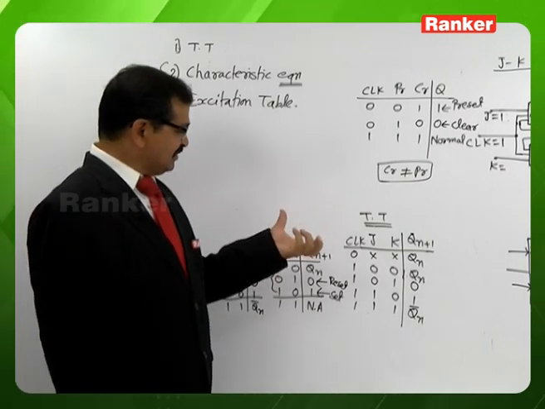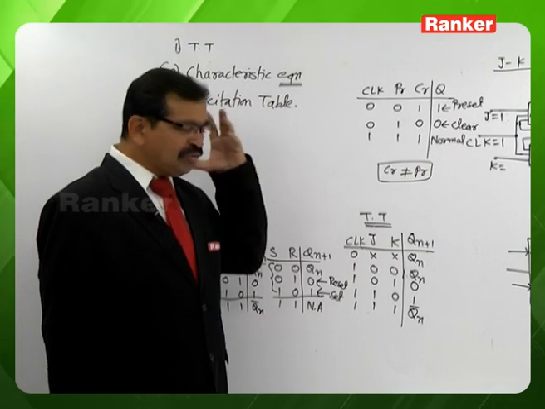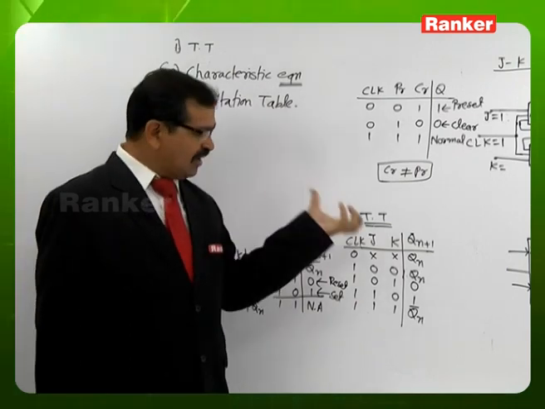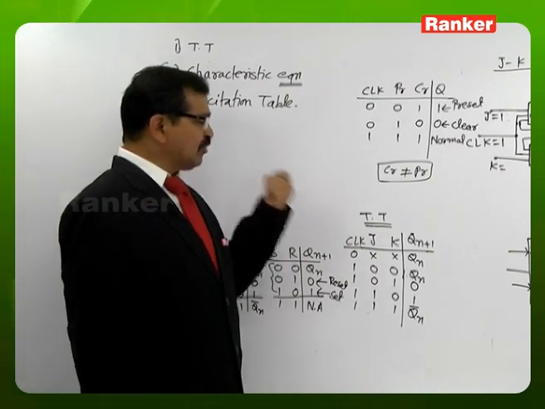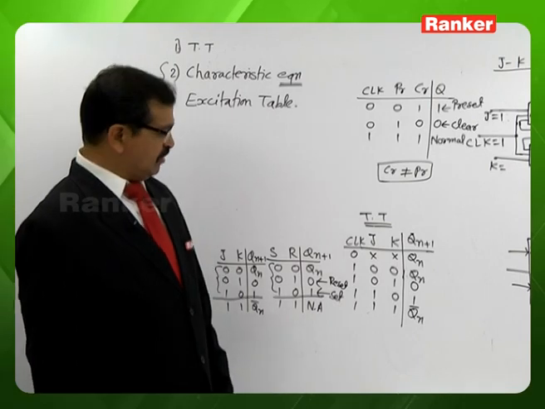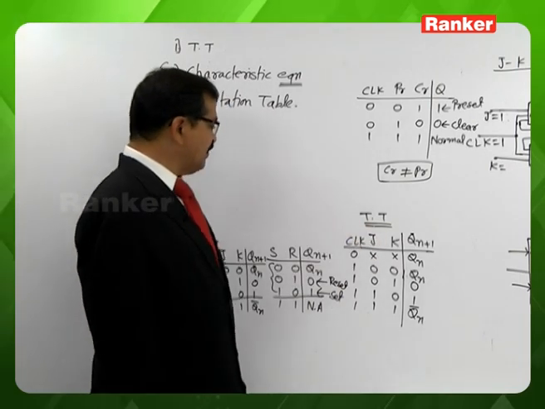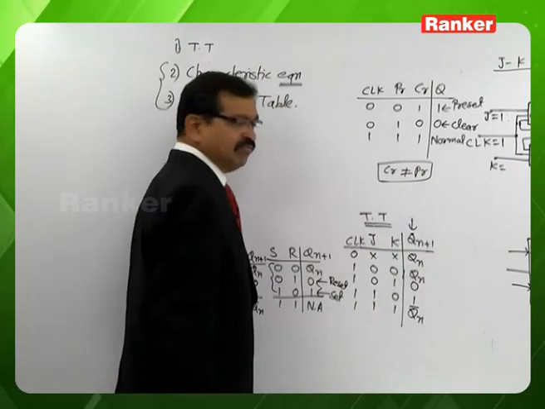So to format this truth table as a mathematical equation, we need to understand what the independent variables and the dependent variables are. Basically, from the truth table, we are reading information about the next state of the flip-flop.